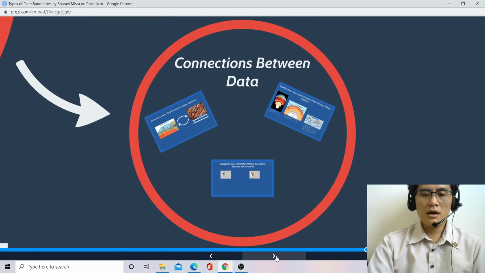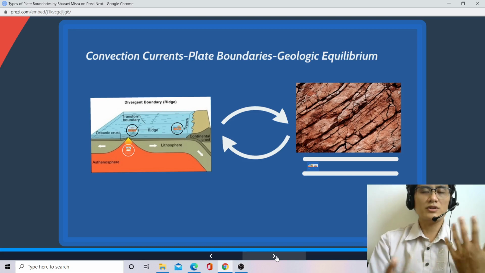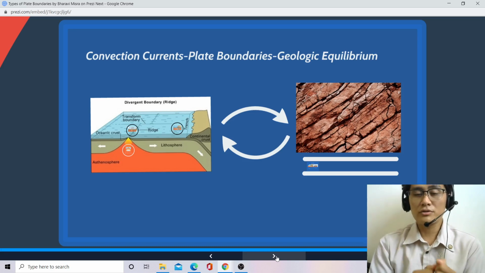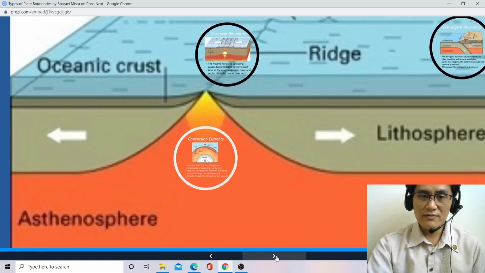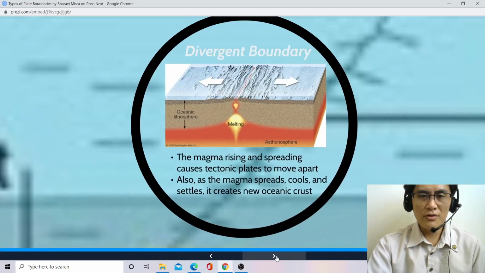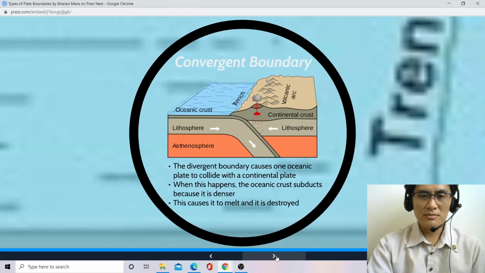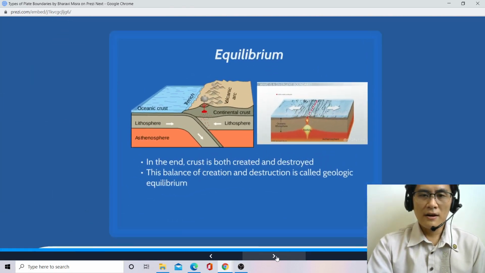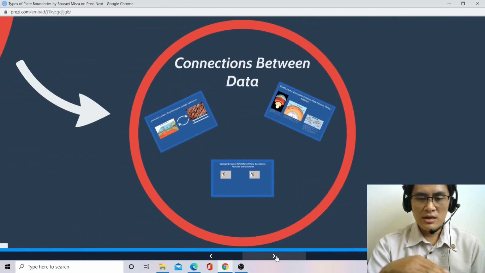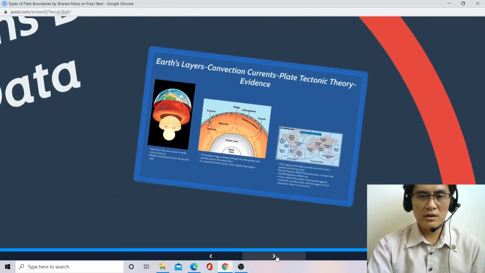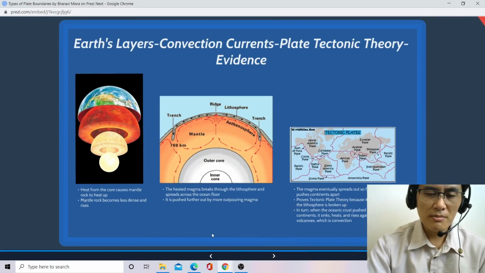Right, so here these are the explanations for why those things are happening. But again, I don't want to discuss too much because this would be now module 5. But let's just run through. So convection currents are one of the explanations. And then you can also have the equilibrium between the slabs of the lithosphere, and then it goes all the way back to the mantle of the earth.